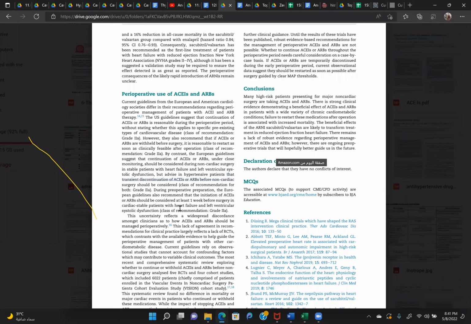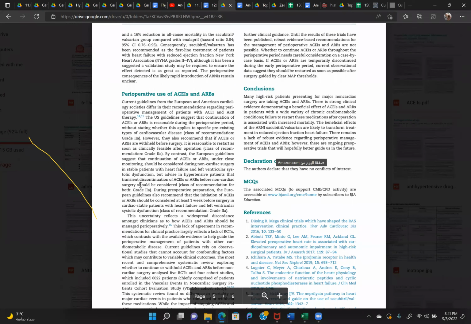So there is no consensus guideline about it. If you are giving it, you can continue it or you can stop it. If you are stopping it, then you have to restart it, because if you stop it suddenly, there may be rebound hypertension. Anything with a vasodilator effect, if you stop abruptly, can cause side effects as well.